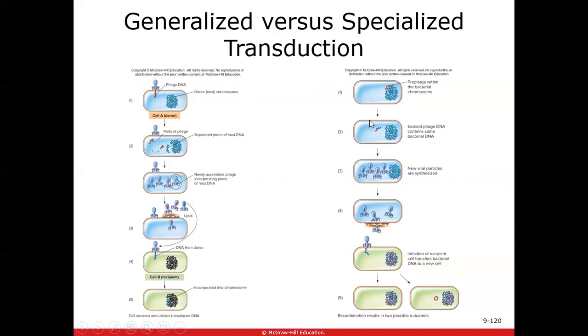This is the same type of thing. It's just the prophage within the bacterial chromosome. So this is the prophage within the bacterial chromosome. It breaks off that DNA but it contains some of the bacterial DNA. It makes new viruses. The new viruses break out, and now you have both.